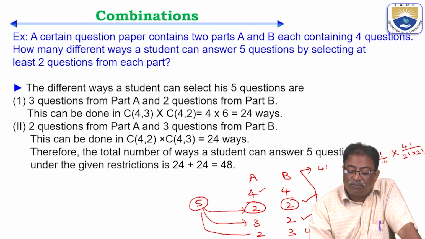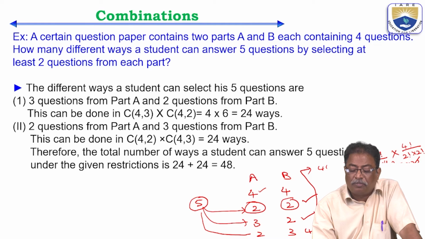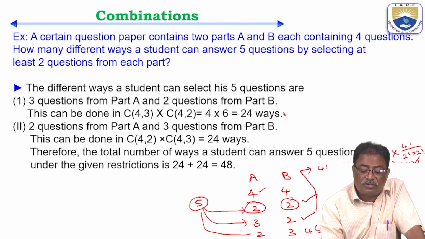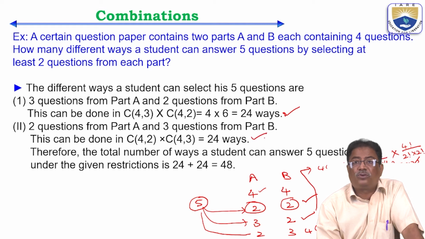Subsequently, we can have the first one as 4 and the second one as 4 into 3 into 2 factorial, and of course this is 2 factorial and this is 2 factorial. Get cancelled, then it is 6. So it is 4 into 6. So it is nothing but 24 ways. So the first one is 24 and the second one is 24.